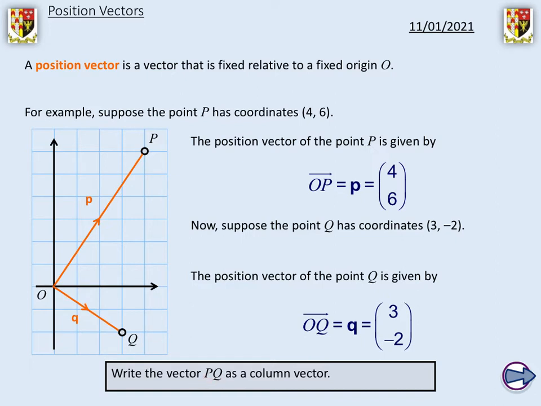So we could just do what we said before. We could go from P to O and then O to Q. So O to Q is positive Q there. And then P to O, well, I'm going in the opposite direction, so that would be minus P. And then add Q, or Q minus P, in other words.